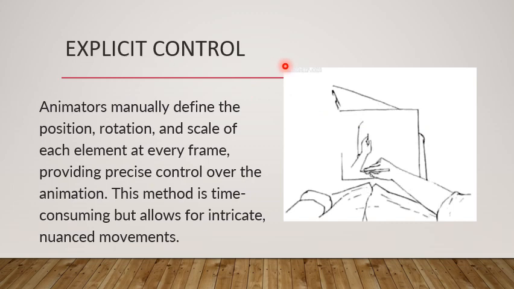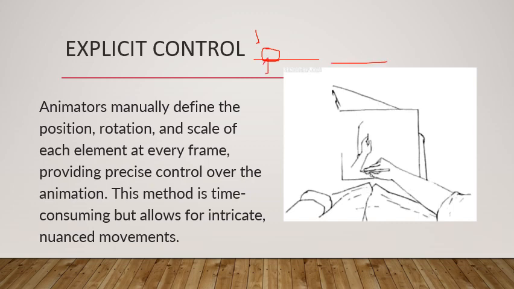First one is the explicit control. In explicit control, we have to provide each and every piece of information. We'll consider a ball which is moving on the surface, and we have to form the animation of this ball. In the first frame, the ball is in the first position.